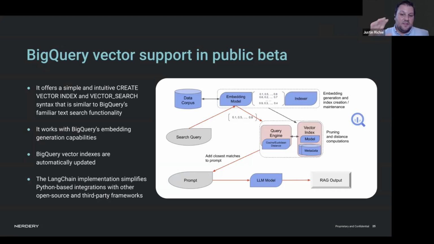Having that feature fully supported in BigQuery is going to be very critical. As we start thinking about how LangChain can begin to interject, it's really critical to see that having vector support in a tool like BigQuery is going to be very critical for that method as well.